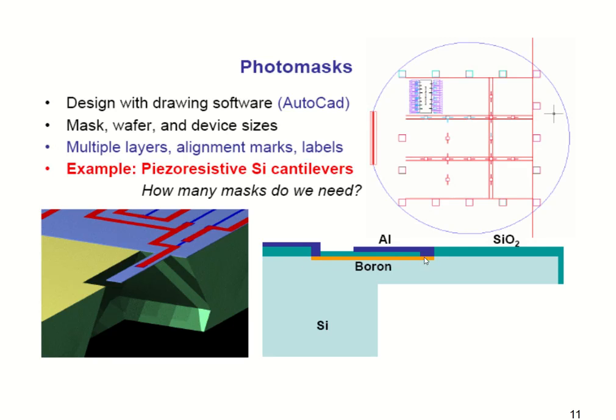Okay, and then this silicon is a semiconductor, right? So I believe this is not conductive, right? And then you make a boron diffusion in a certain layer.